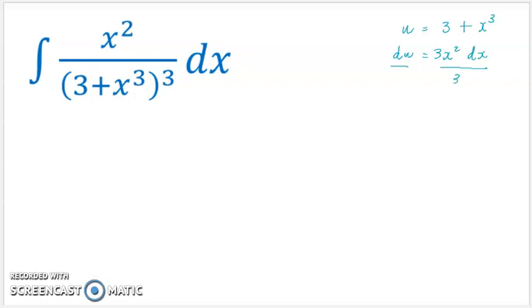And to get dx, we divide both sides by 3x squared. Then dx is equal to du over 3x squared. So there we write our problem. This is our u, and this is du over 3x squared.